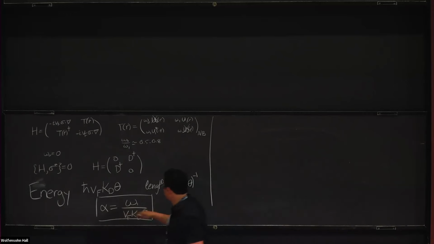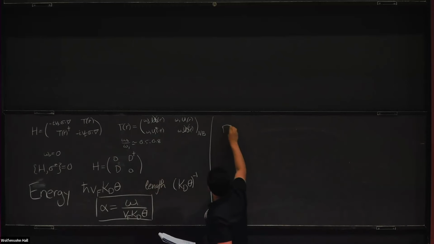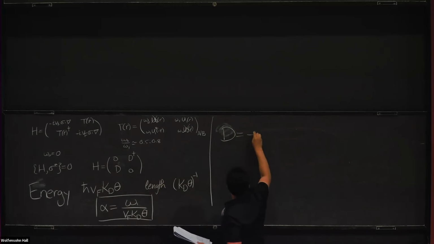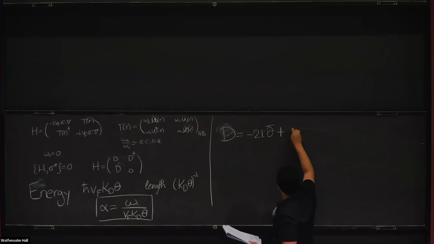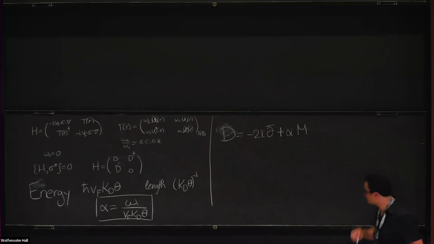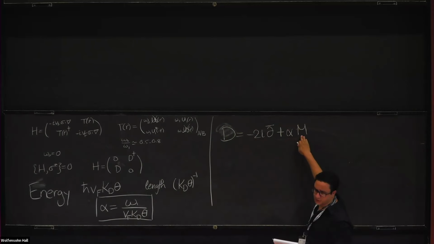In terms of this, I can write this operator D as follows, where M is just some 2 by 2 matrix that depends on space.